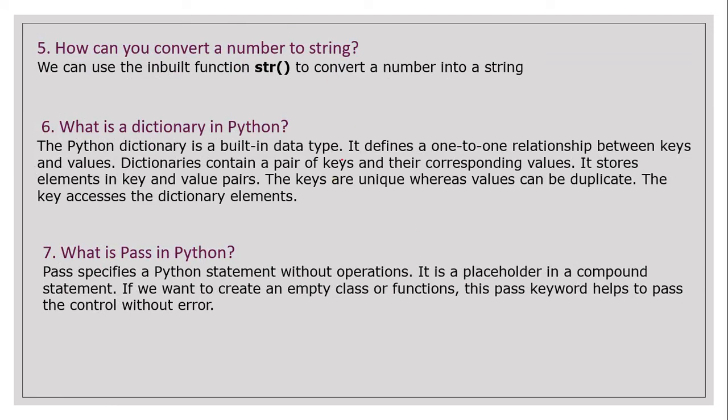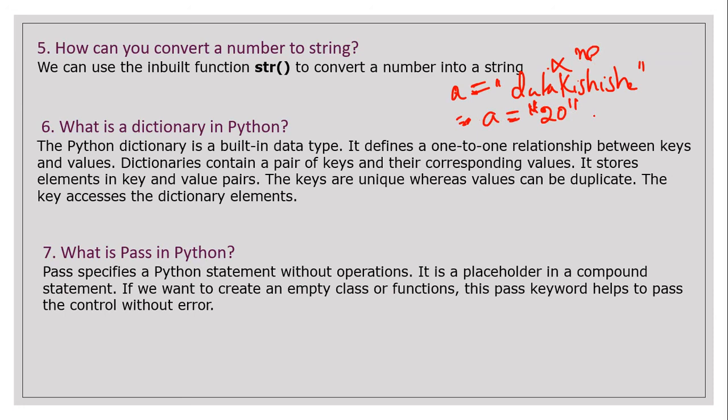So moving on, then there is how can you convert a number to string. We have already seen how we can convert one data type to another data type. If it is not a numeric value, then you cannot convert it to a number. But suppose you have something like a is equal to some value, okay, this is a string because it is under quotes.